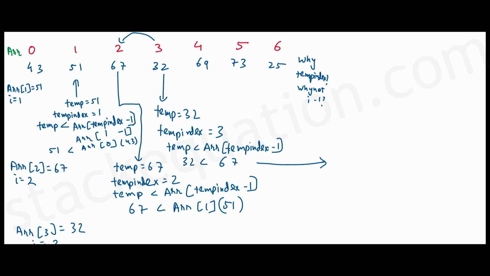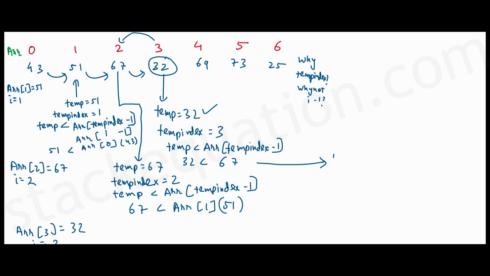Now it will start a new course of action. We'll leave temporary as it is, but 32 will be kicked out from this place and all the elements will shift by one index towards the right. I repeat, temporary will be left as it is. 32 will be kicked out from the third index and all the elements will shift to the right.